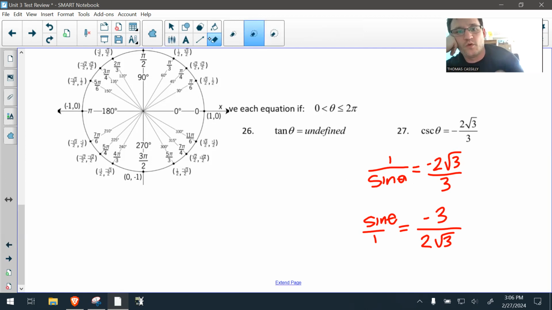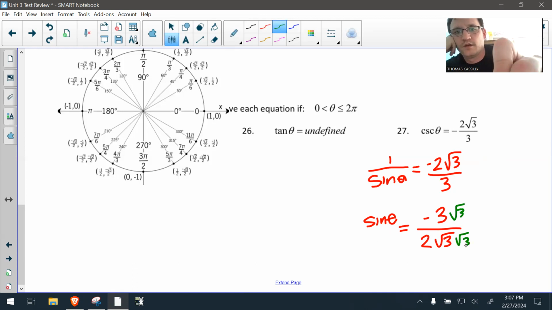Since it's over 1, we don't even need that right there. So rationalizing, multiplying top and bottom by square root of 3, going straight across, negative 3 square root of 3 over 6 now, which simplifies to negative square root of 3 over 2.